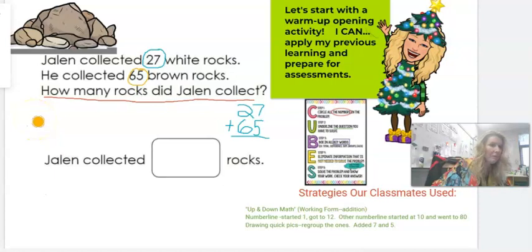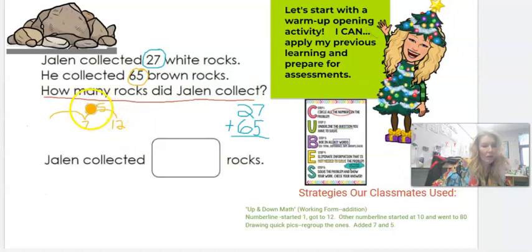I'm going to start where? Well, no, I'm starting at the ones. 7 and 5 are my digits in the ones column. So I'm going to jump, and this is 7, right? And then I'm going to jump 5 more. If I jump 5 more, what do I get? 12. I get 12.